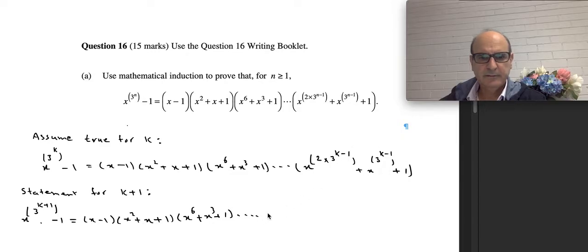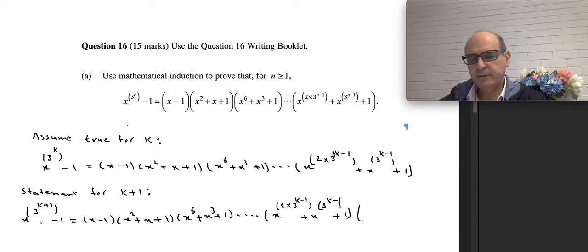including this, which covers us up to k, but remember we are after k minus 1. And now replace k with k plus 1.